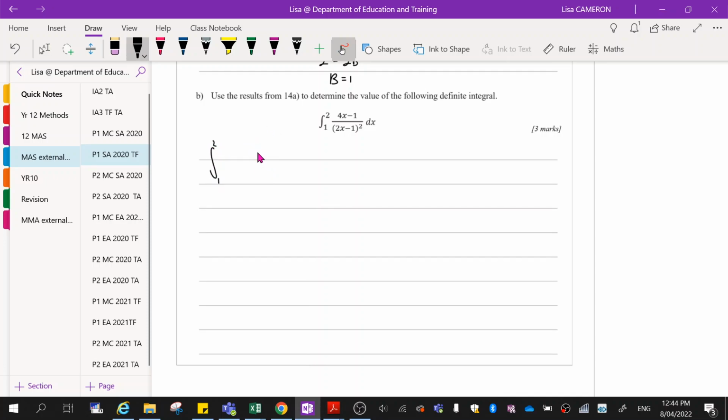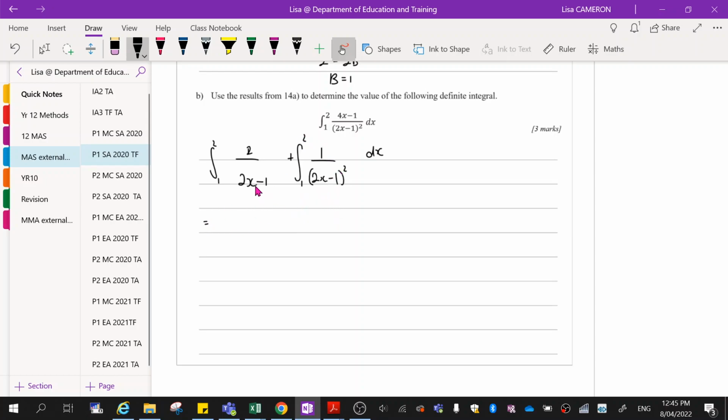So it would become 1 over, it's going to be 2 over 2x minus 1 plus 1 over (2x minus 1)² dx. Now, remember that when you've got them set up like this, as in one bracket there, you're actually going to be integrating both of them separately and then inputting your answers in anyway.